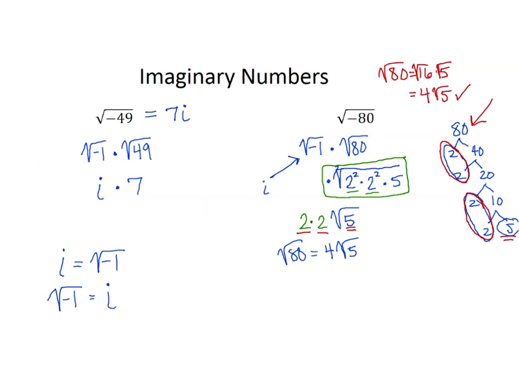And the way that you write them together is the real number comes first, then the imaginary number, and then the radical. So that's the order of things here. Real number, imaginary number, and then your radical. All right, so that would be our answer. So i is just the square root of -1.